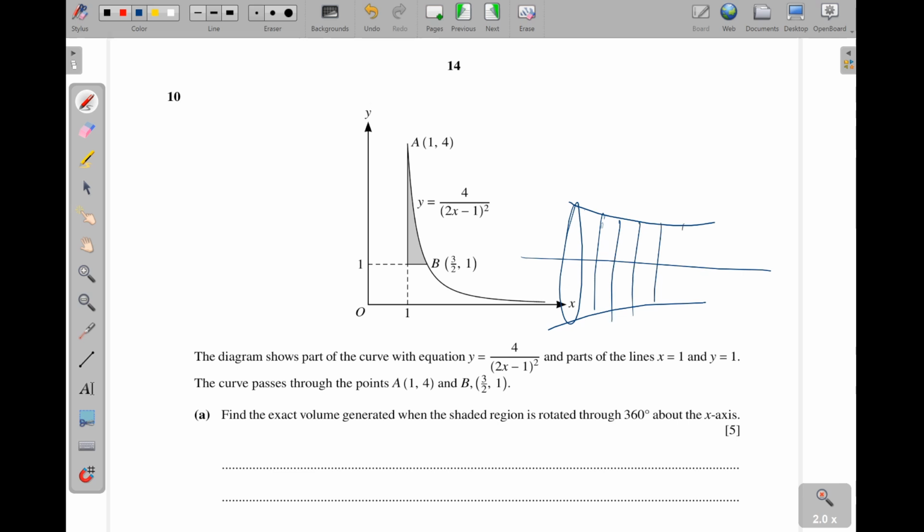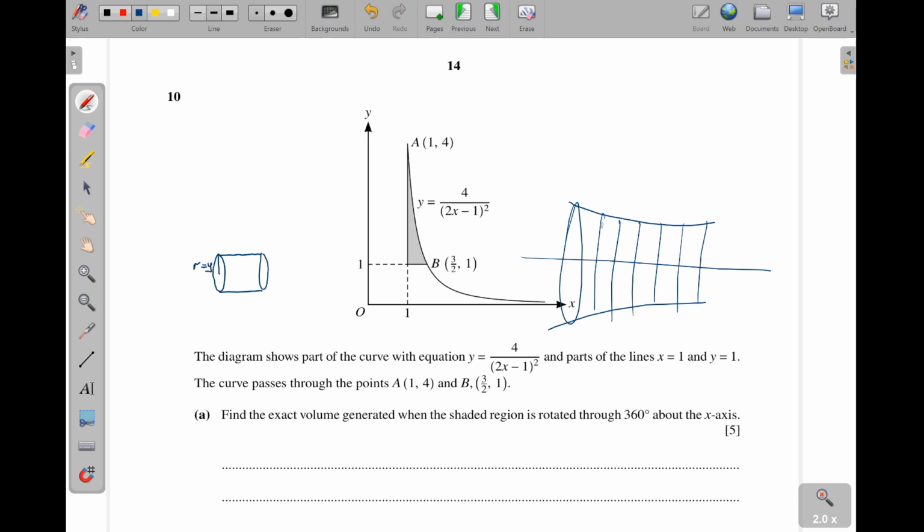When we try to strip this one, we shall get something that resembles a cylinder. Now this cylinder has a radius, which is equivalent to the y-coordinate from here up to here. So r will be equal to y.